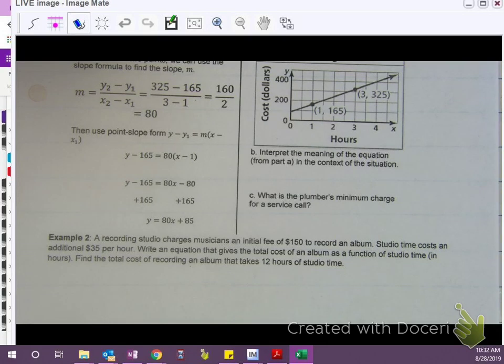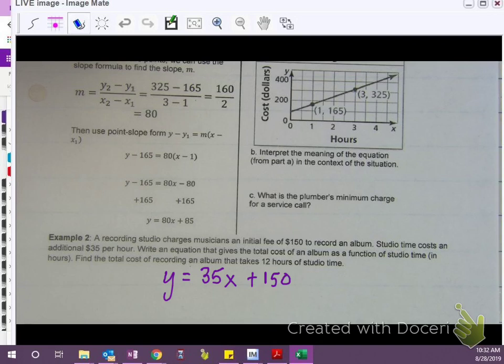So we know that our equation is y equals, our slope is 35, and x represents our hours, and our y-intercept is 150. So now find the total cost of a recording of an album that takes 12 hours. What are we going to do with the 12?